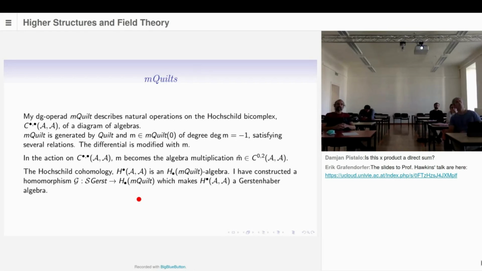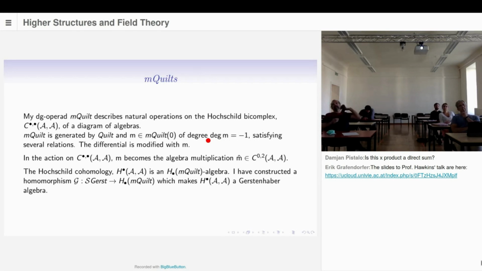This operad is generated by the Quilt operad and an extra generator, which I call M, for multiplication. It has arity 0, so it's acting as if it's something in the algebra rather than in the operad. It has degree -1, and there are a bunch of relations that I'm not going to list.